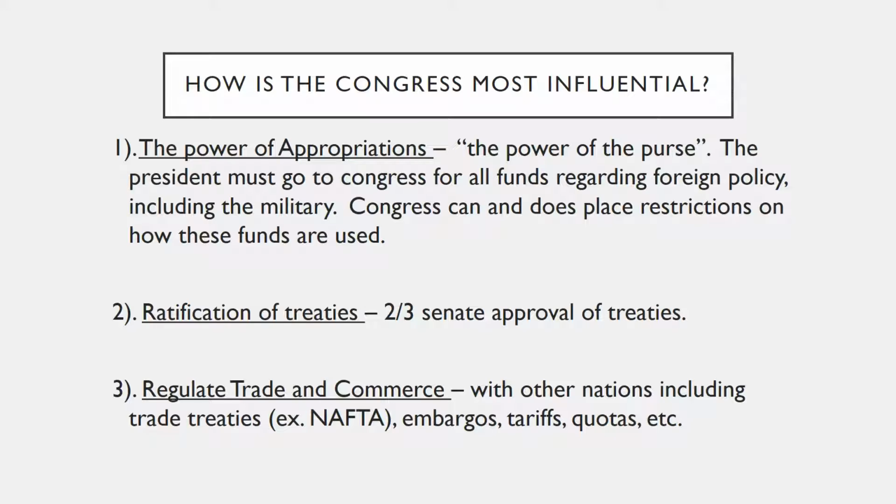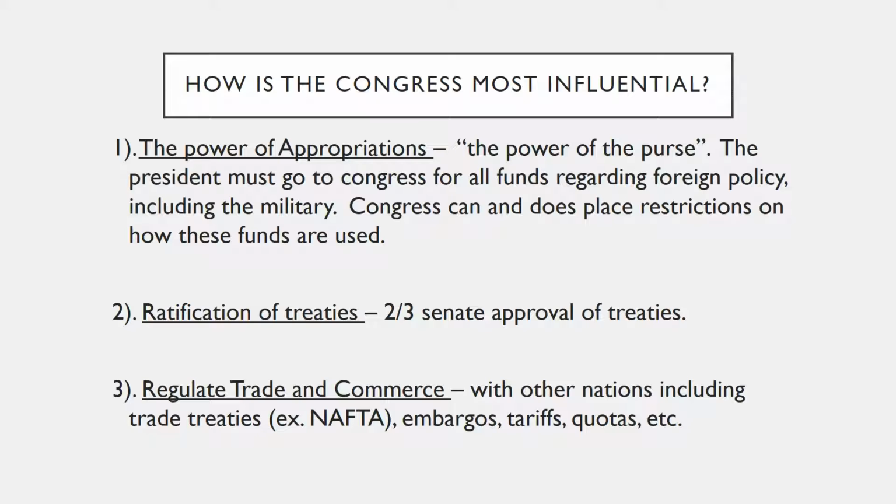And this is referred to as the power of the purse. Those who control the money have an inordinate amount of power because they do control the money. So the President must go to Congress for all funds regarding foreign policy.